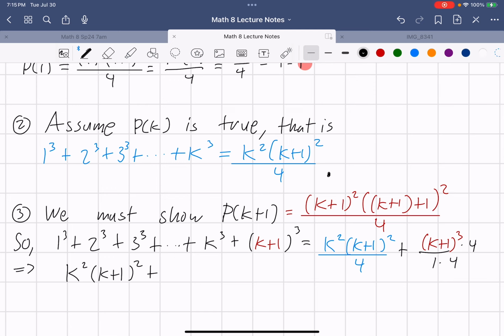So that would look like this, plus 4 times k plus 1 cubed, all over 4.